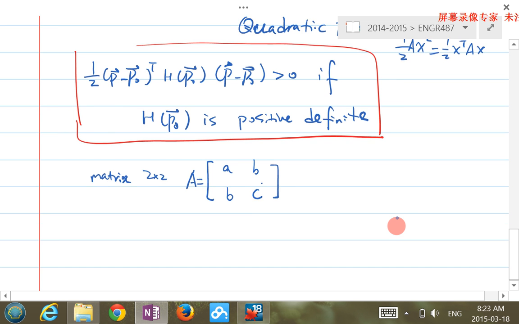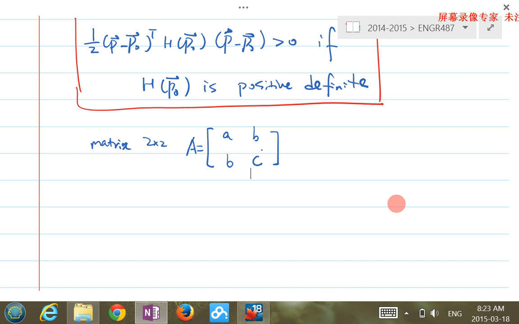So for a 2 by 2 matrix like this, how do we determine whether this matrix is a positive definite matrix or not?